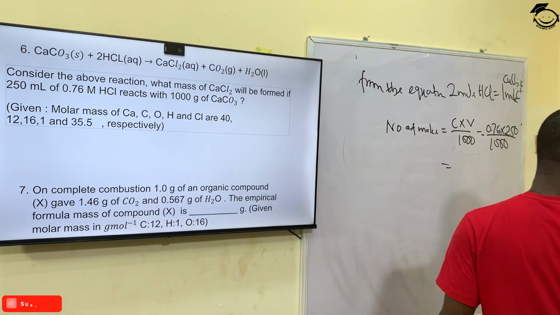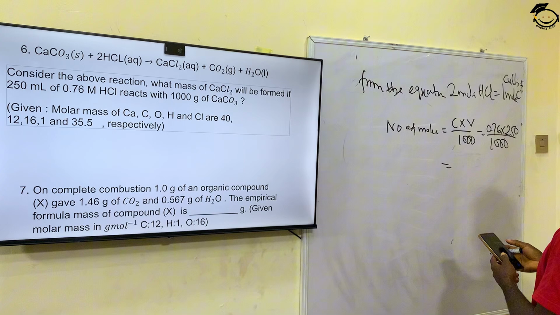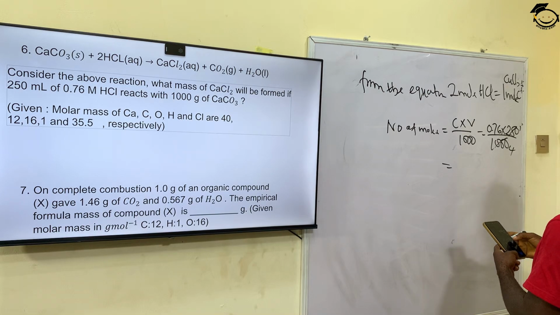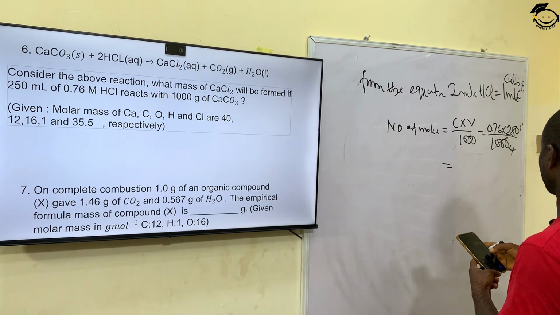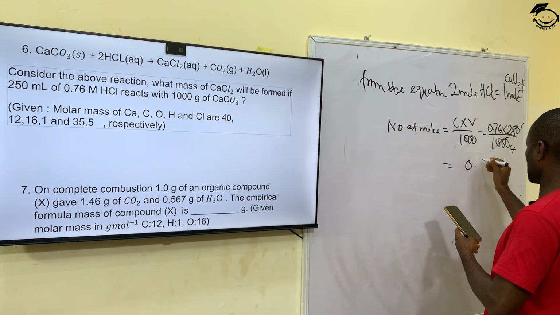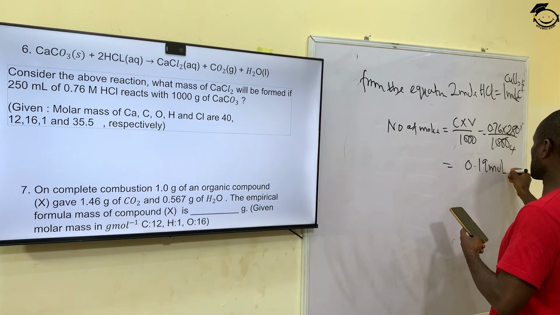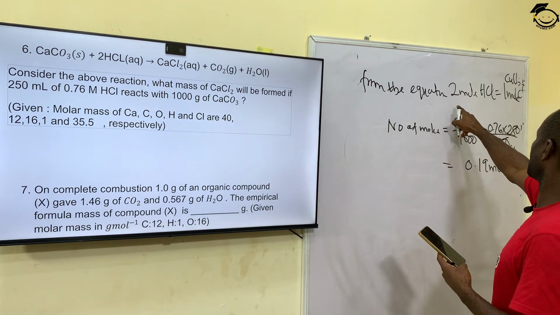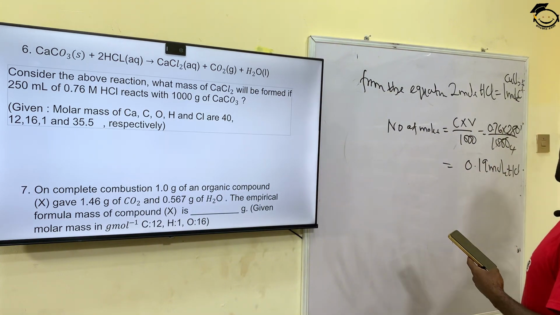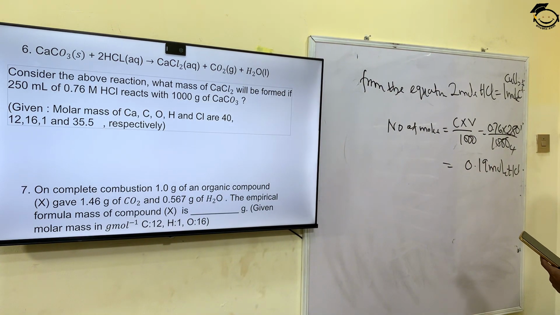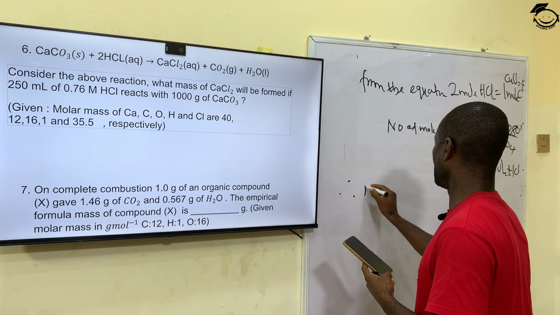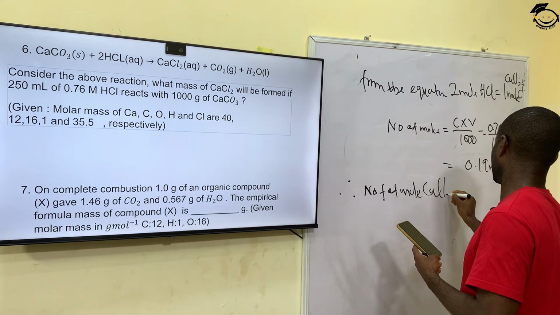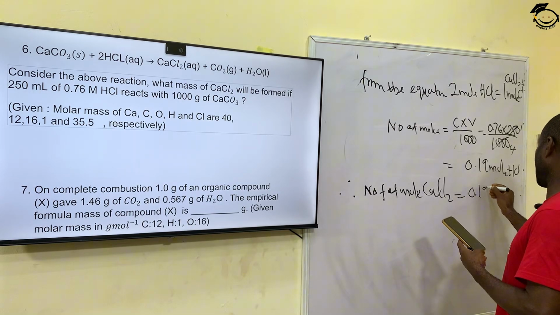The number of moles gives us 0.76 over 4, which gives us 0.19 moles HCl. So if 2 moles of HCl gives us 1 mole of calcium chloride, therefore the number of moles of calcium chloride equals 0.19 over 2.